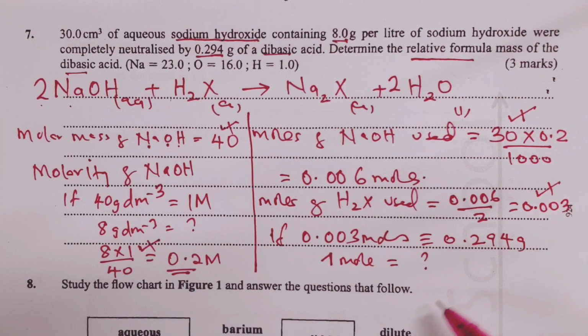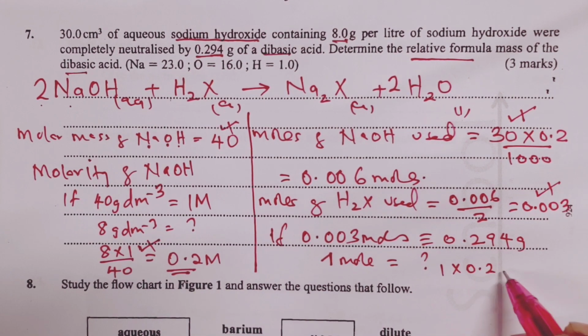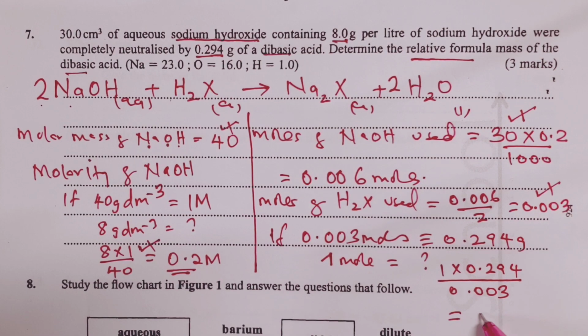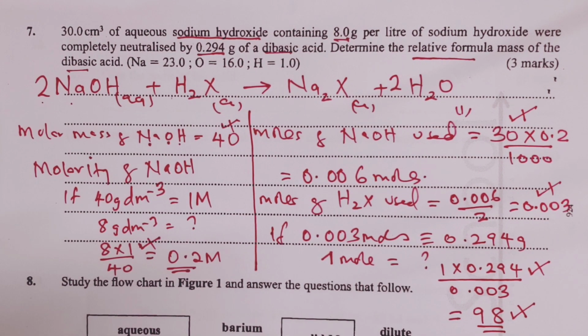Cross multiplication gives 1 by 0.294 divided by 0.003. That gives us 98 as the relative formula mass of our acid. Division by 0.003, half mark; 98, half mark. Total 3 marks.